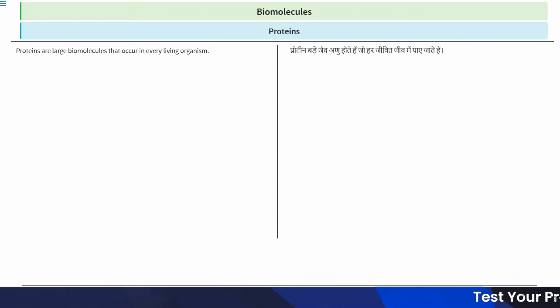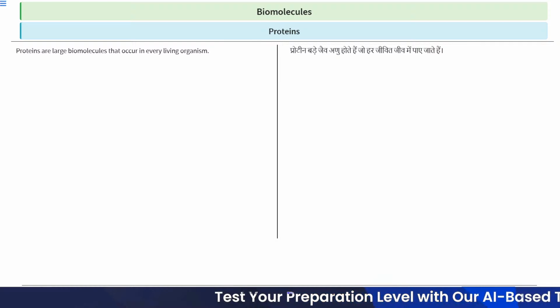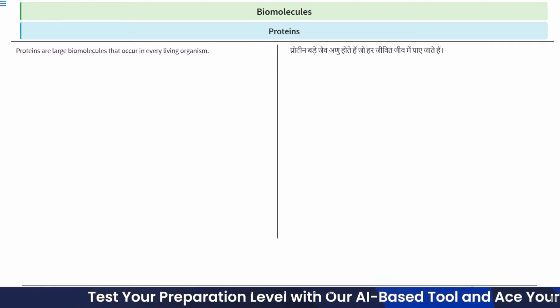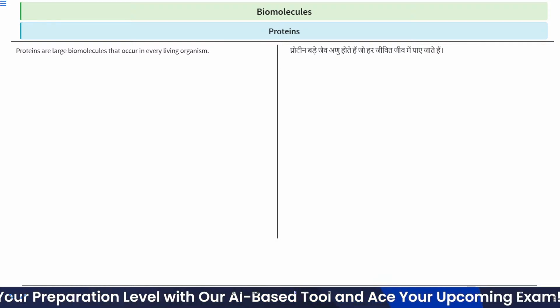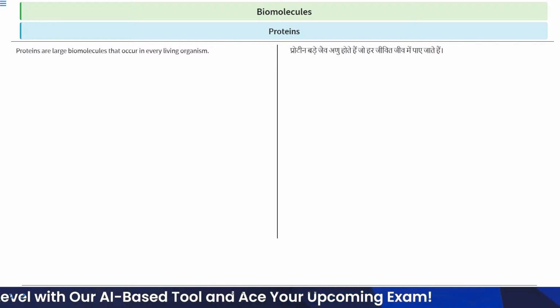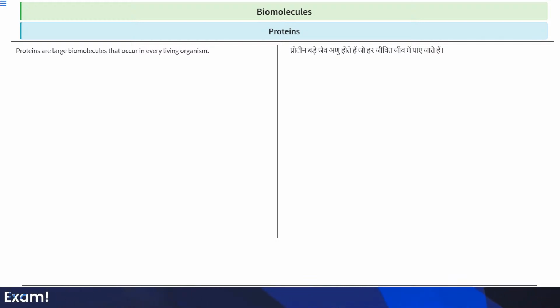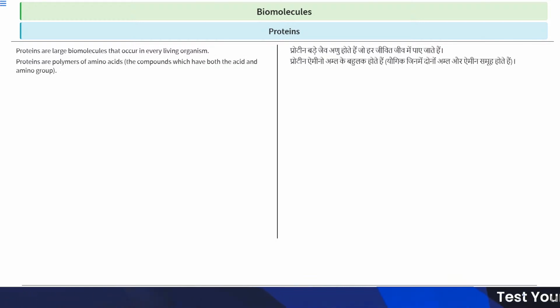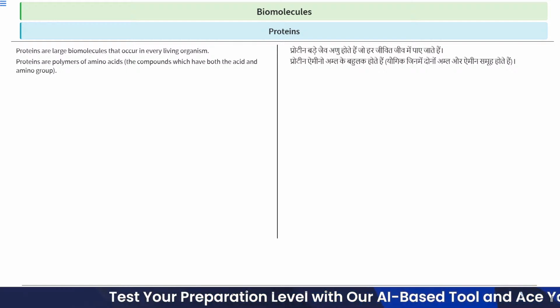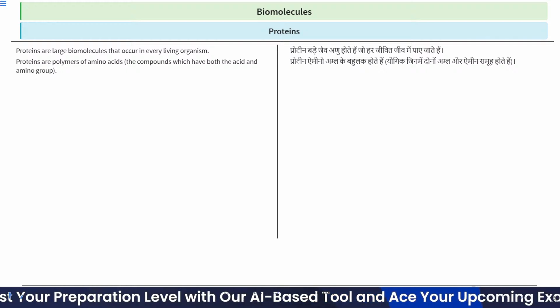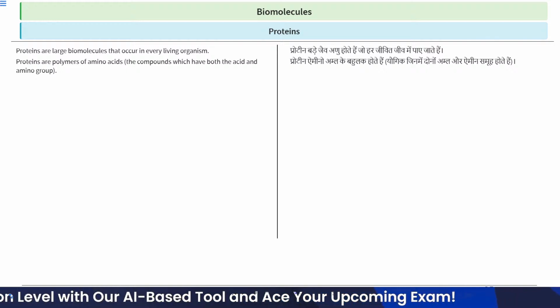Now we will study about proteins. Proteins are large biomolecules that occur in every living organism. Proteins are polymers of alpha amino acids, that is, by joining different amino acids you get the protein structure.